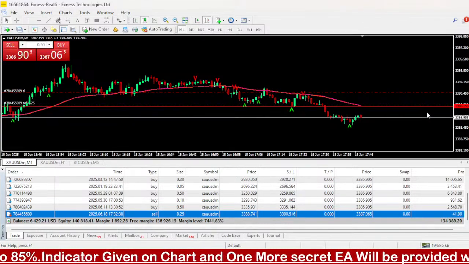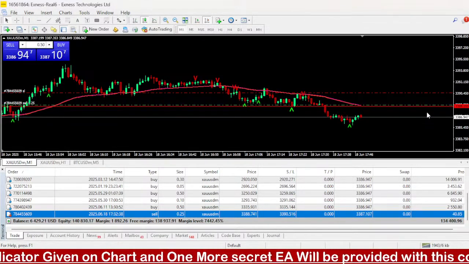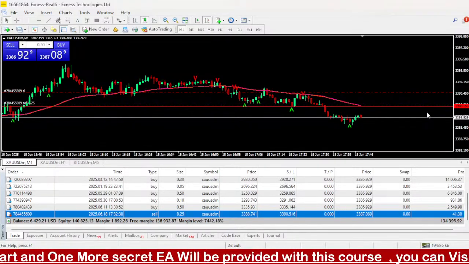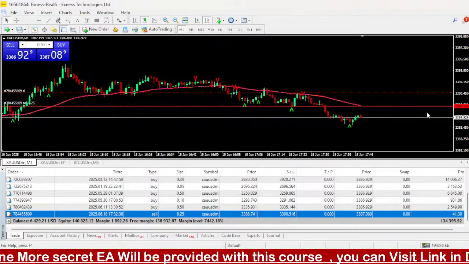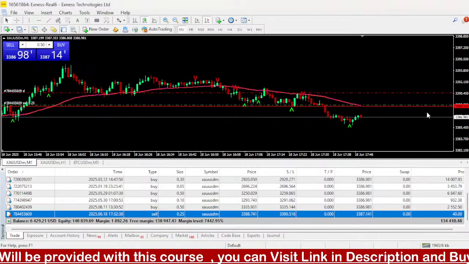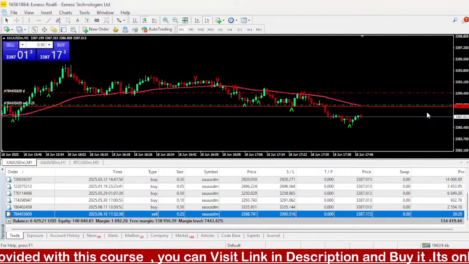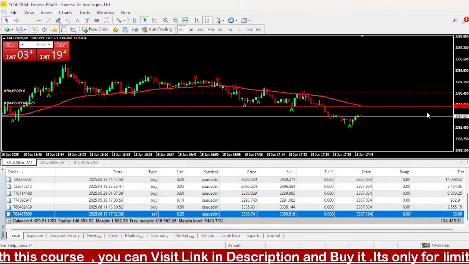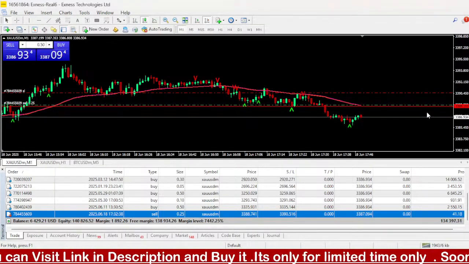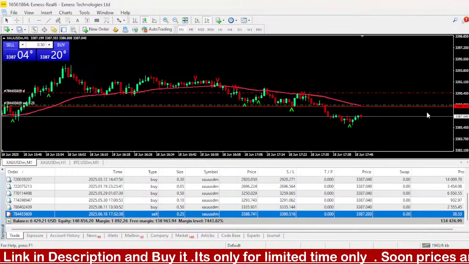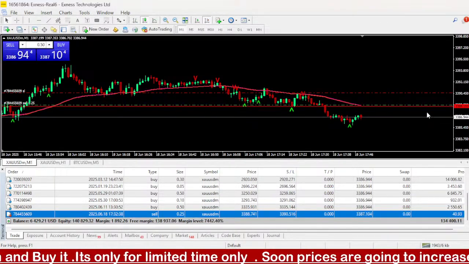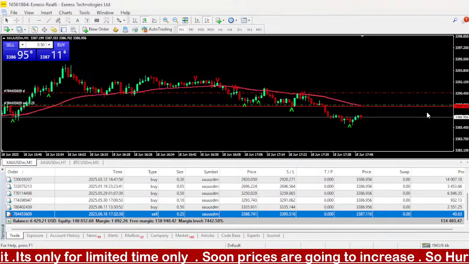But based on this moving average, based on this structure, and based on this no demand logic, we are on the downside. We are in the sell position now. Okay, so 12 minutes left for the news of FOMC.